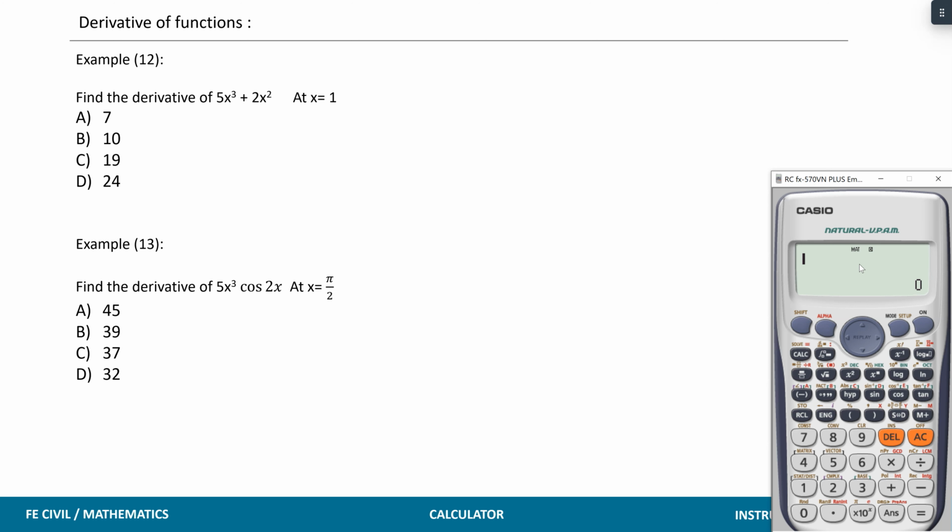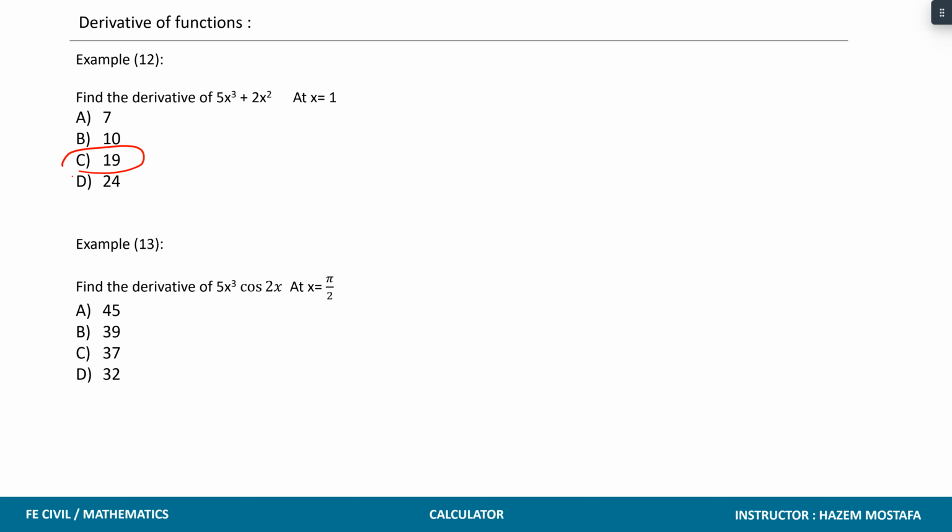In order to come out of the matrix mode, you press mod and return to the normal equations, which is 1, COMP. Then we go to the derivative of the functions, shift, and we start by adding the equation 5x raised to the power 3 plus 2x raised to the power 2 at x equals 1, which equals 19, which is solution number C.